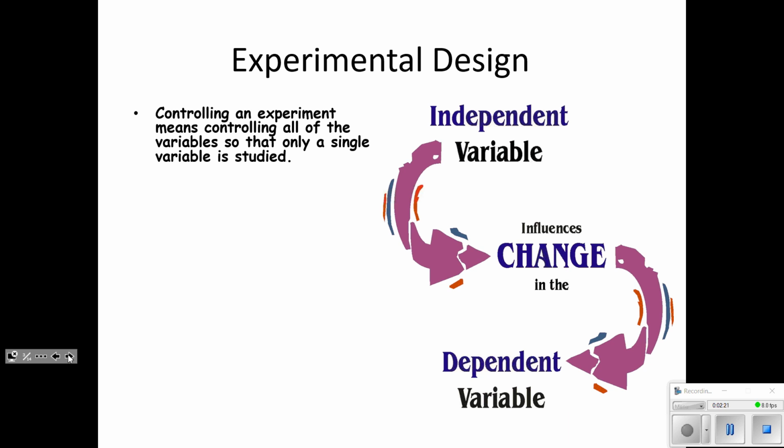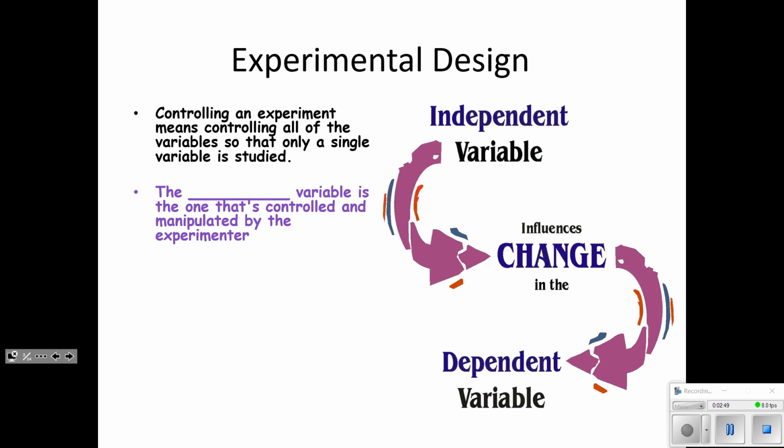So one of the main things you need to take away from this is being able to differentiate between those parts of experimental design. When you set up an experiment to test your hypothesis, you need to set up a controlled experiment so that you have a single variable that is being tested and being studied.